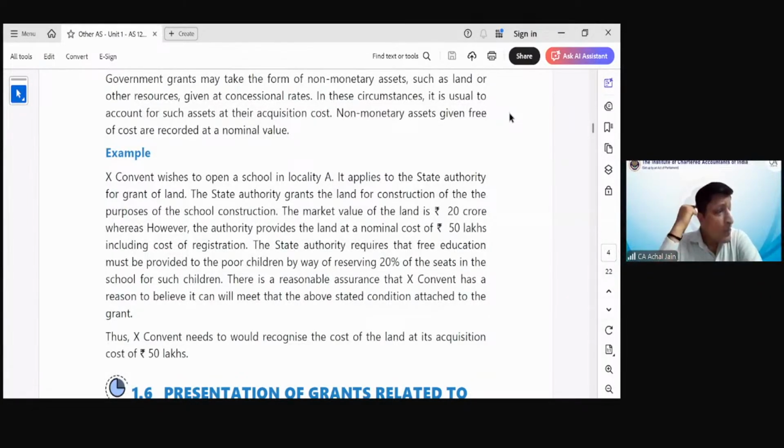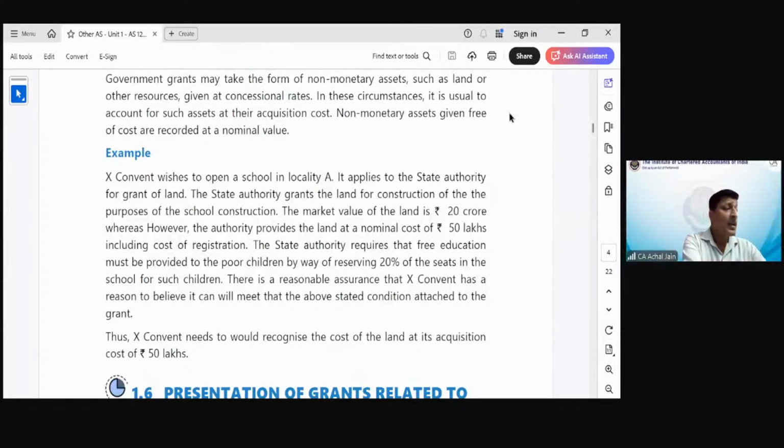Now, about this non-monetary grant, we have just discussed as to how do you record it. Now, in respect of monetary grants, there are certain categories which are provided by the standard. Depending on the category of the grant, it is required to be recorded.